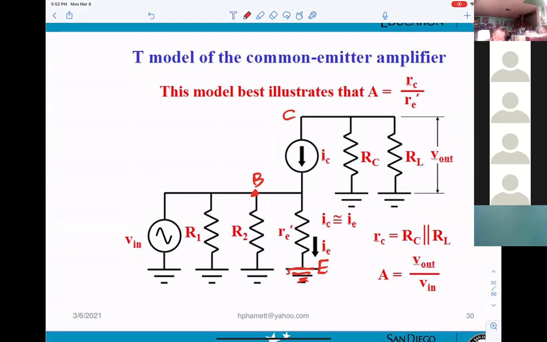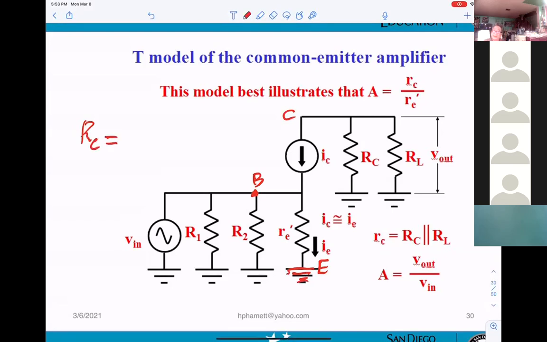Okay, and you can see R1 and R2 will be parallel. And also RC and RL will be parallel. So now what you need to do is calculate rc.